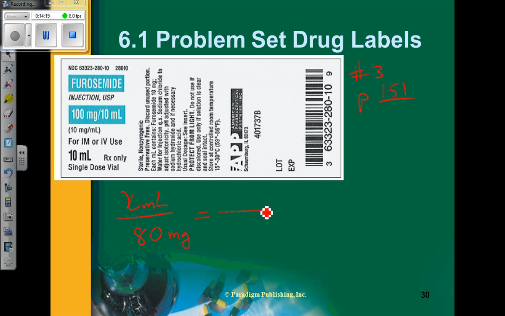Then, of course, you want to look at your furosemide label, and you have 100 milligrams per 10 milliliters. X times 100 would be 100, and it always goes on the bottom because you multiply it by X. 80 times 10 would be 800. So then you're going to simplify by taking out the 2 zeros. 8 divided by 1 would be 8. So you get 8 milliliters.